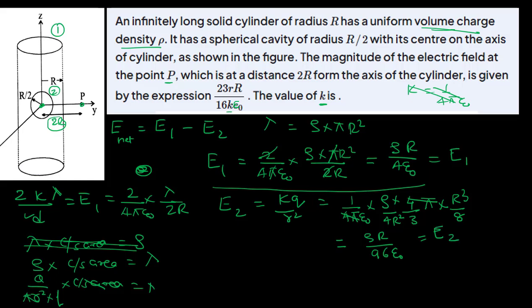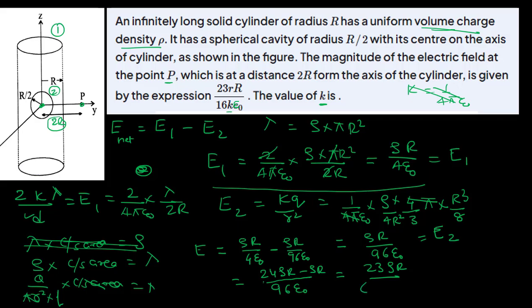So now let us find E equal to E1 minus E2. E1 is rho r upon 4 epsilon naught minus rho r upon 96 epsilon naught. That will give me 96 epsilon naught as the LCM. 24 rho r minus rho r will give me 23 rho r upon 96 epsilon naught. 96 I can write down as 6 into 16 epsilon naught.